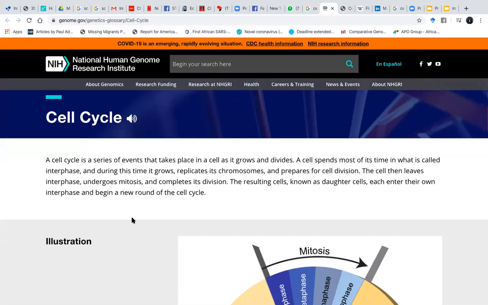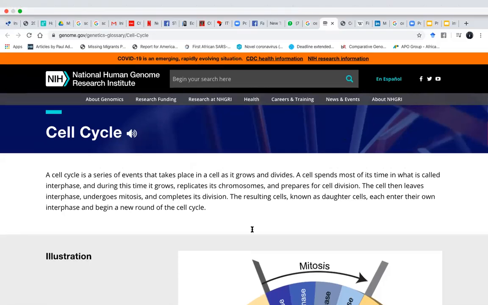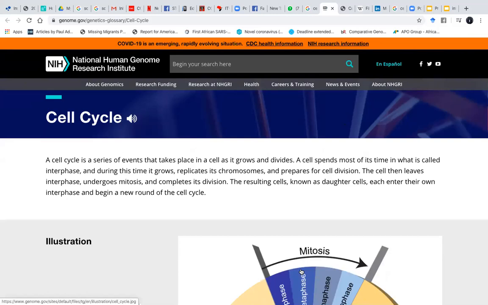So chromosomal replication happens during interphase. Interphase is when chromosomes replicate. It is when we have more copies of the chromosome. And other steps are also happening in synchrony. So the cell cycle encompasses phases through which the cells grow, and it also divides.